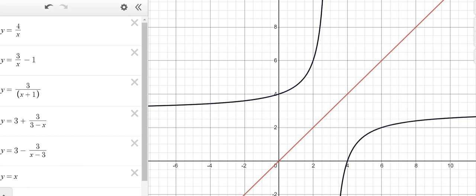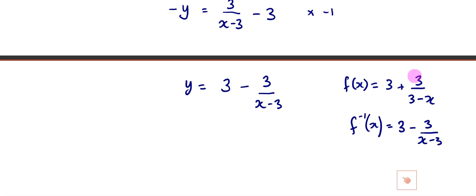So that graph itself is already a reflection in y equals x. Therefore, although it doesn't look like it, these two must actually be the same thing. It's a self-inverse again, right?